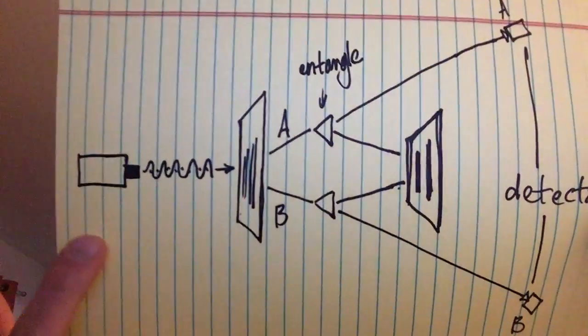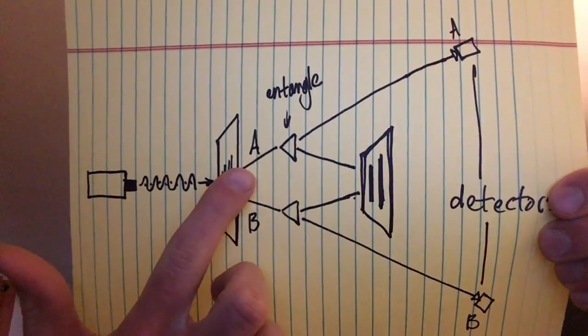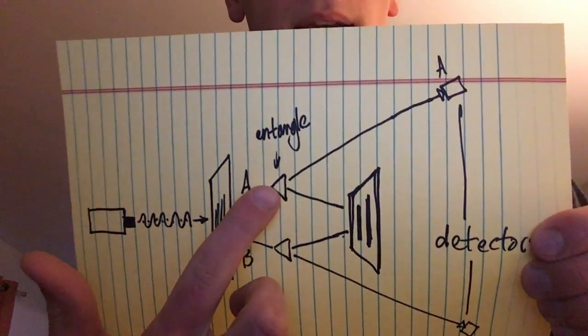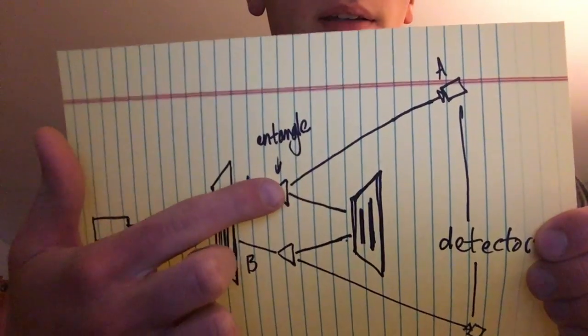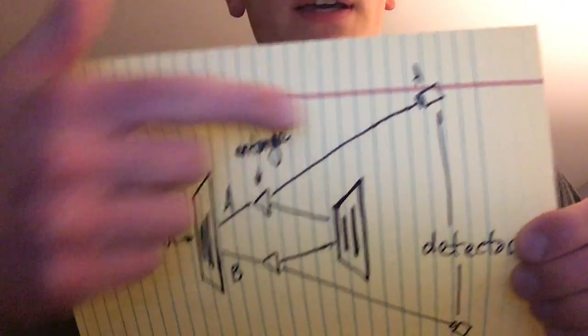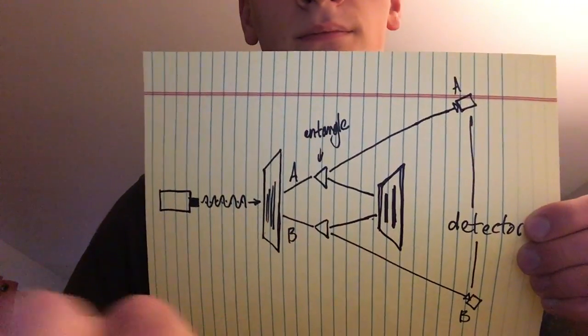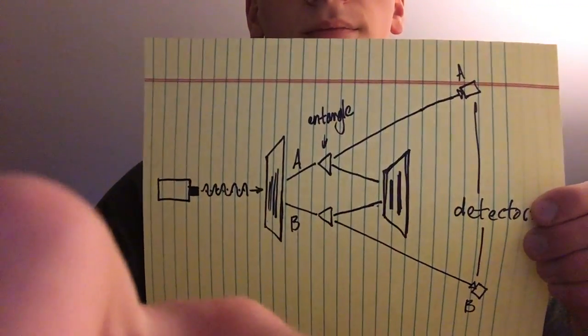So it would fire through the gun, go through the slits, and then if it went through A, it would go through prism A and split, and the entangled proton or electron would go to detector A, and the opposite with B. So, yeah.